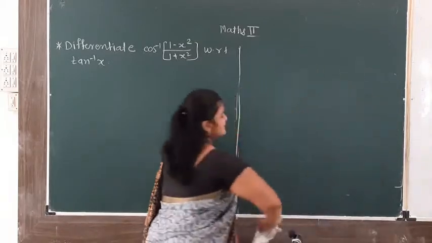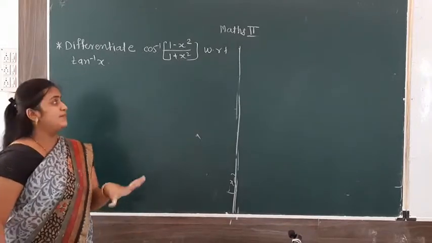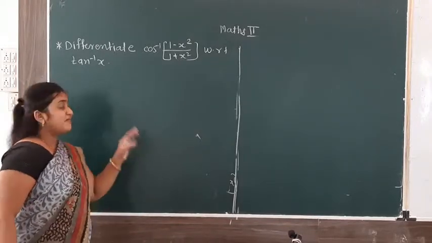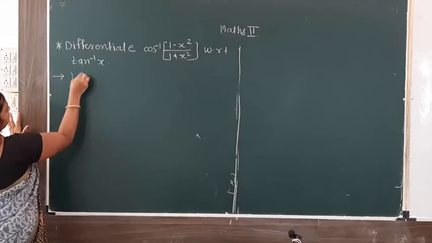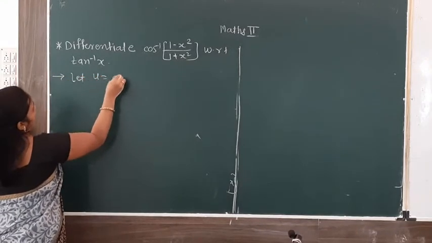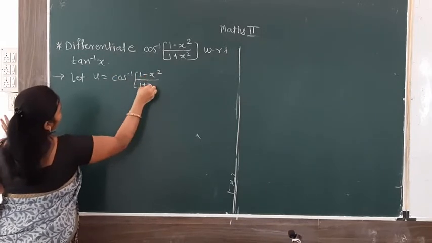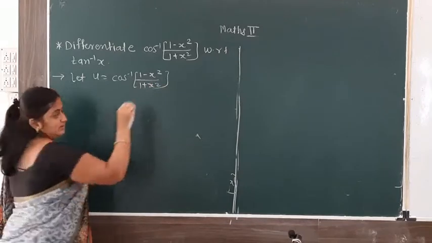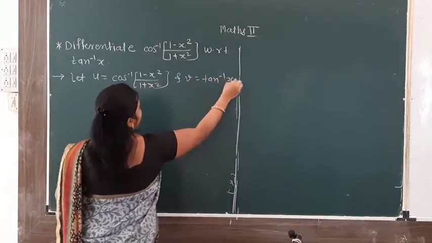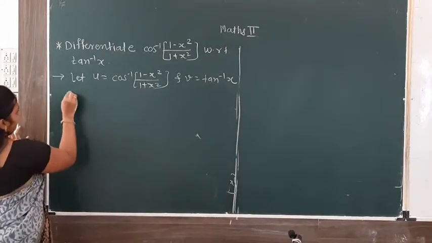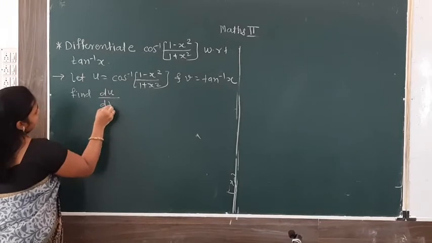The first function is cos inverse inside the bracket 1 minus x square divided by 1 plus x square, with respect to another function, tan inverse of x. So my first step: let u be cos inverse of (1 minus x square divided by 1 plus x square), and consider v as tan inverse of x, and we want to find du by dv.